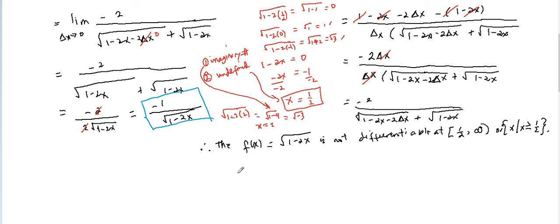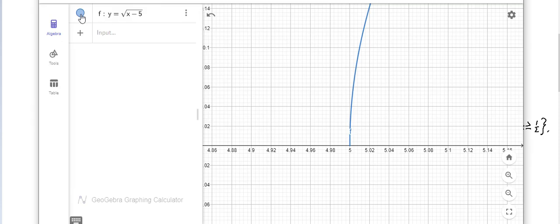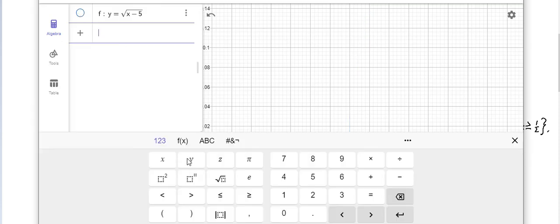Ngayon, tignan natin kung saan ba continuous ang ating function. Okay? So, try natin i-graph muna siya. So, we have y equals square root of 1 minus 2x.